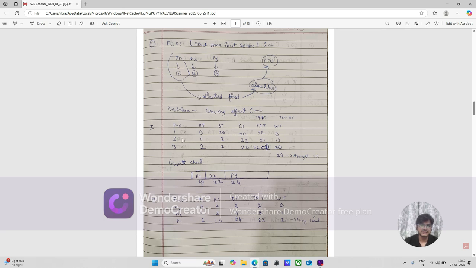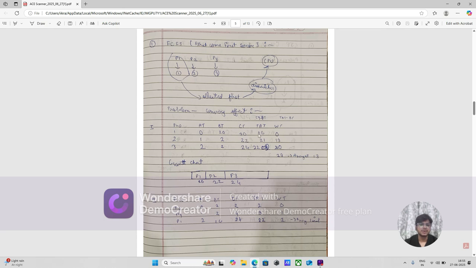After that P2 has come, and P2 takes 2 seconds. So 20 plus 2 equals 22. After that P3 comes, which also takes 2 seconds, so 22 plus 2 is 24. The Gantt chart will show 20, 22, 24.